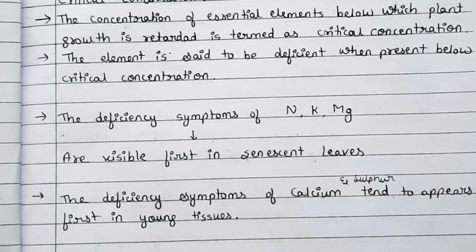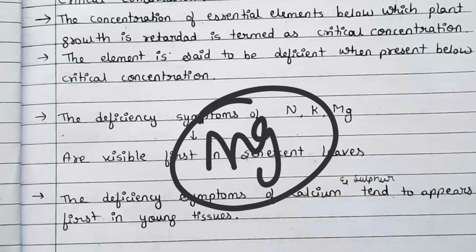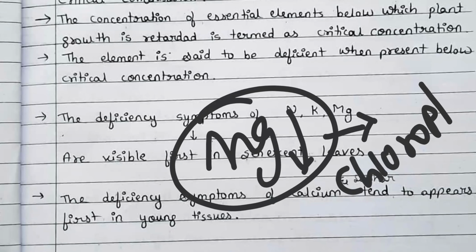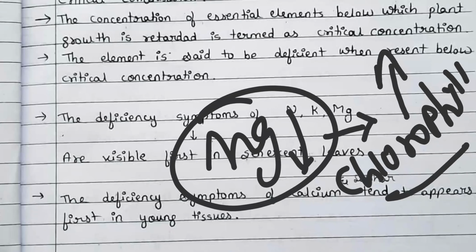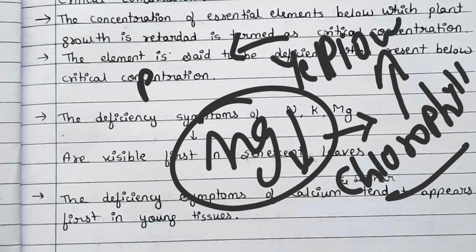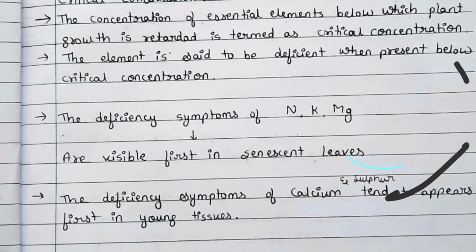Now imagine if magnesium is not there, which means magnesium deficiency occurs. Then ultimately it affects the chlorophyll structure. If chlorophyll, the greenish color pigment, is affected, the leaves become yellow. It will even affect the photosynthesis process. So these we consider the deficiency symptoms, and they vary from element to element.